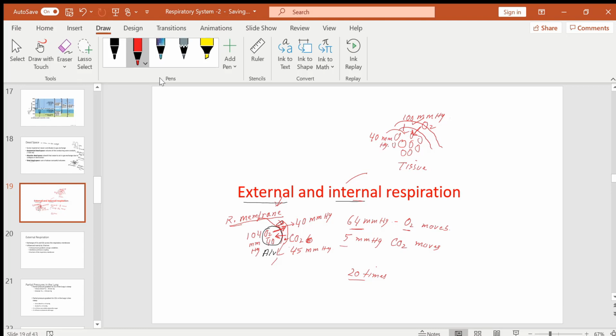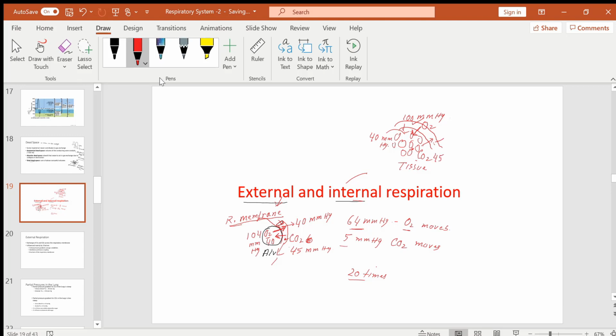And carbon dioxide always moves in the opposite direction, from the tissue to the blood, because we know that tissue produces carbon dioxide by metabolism. So carbon dioxide will move from the tissue to the blood. The pressure of carbon dioxide in the tissue is 45, and in the blood is 40.